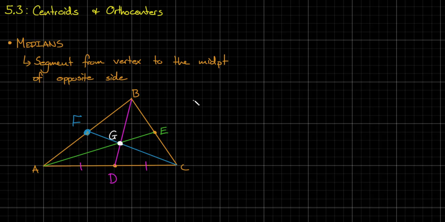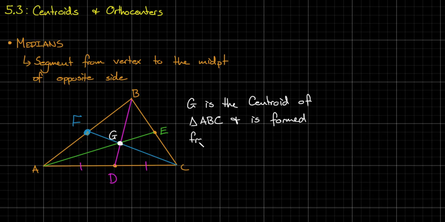So we're going to say G is the centroid of triangle ABC and is formed from the concurrent point of the what's? Good. Of the medians.